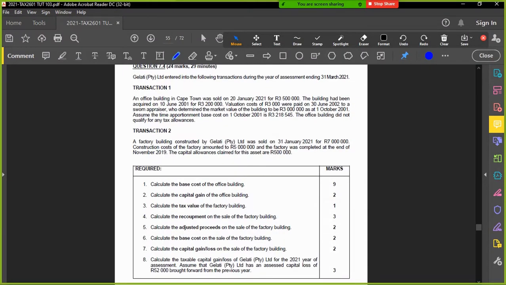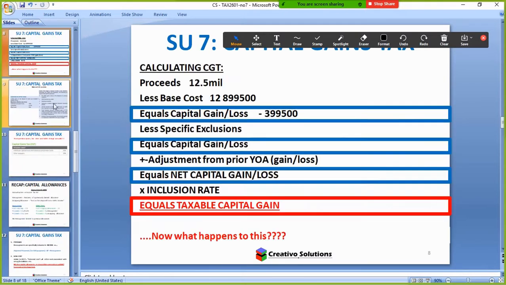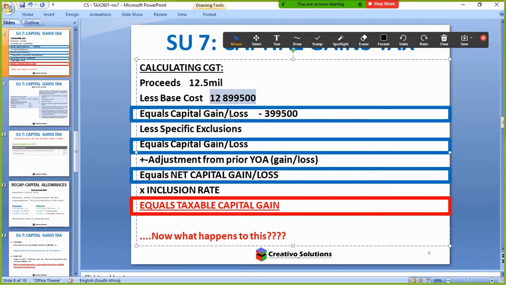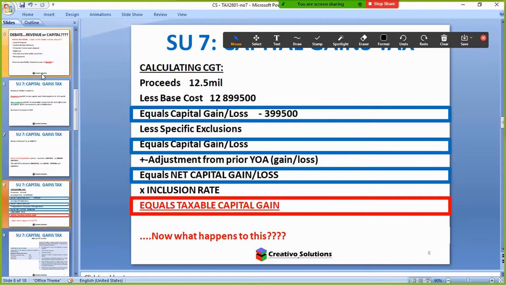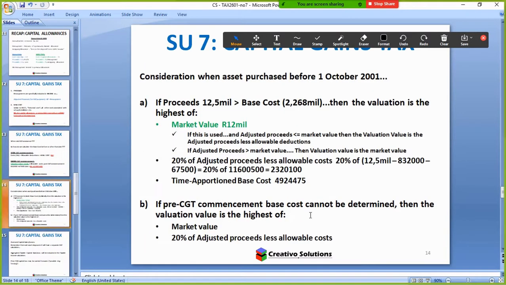You did the working on your notes. No wonder. Where is it? Here. Yeah. There's the proceeds. There's the base costs. Where was that other working? Yes, there we go.